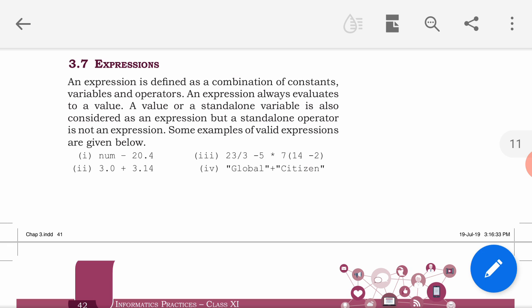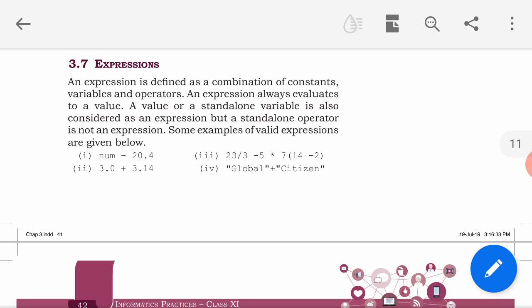But a standalone operator, where only the operator is there and operands are not, is not an expression. For an expression, both operands and operators have to be there, and operands can be a value or a variable.